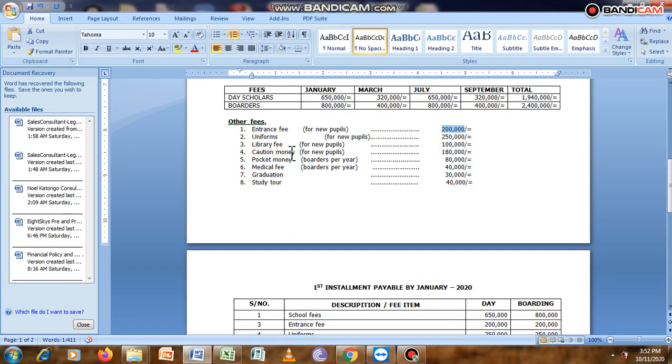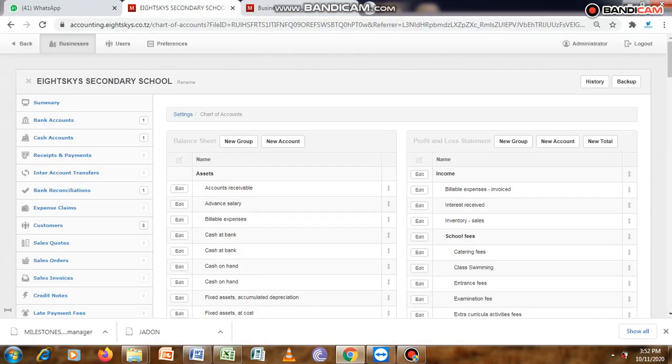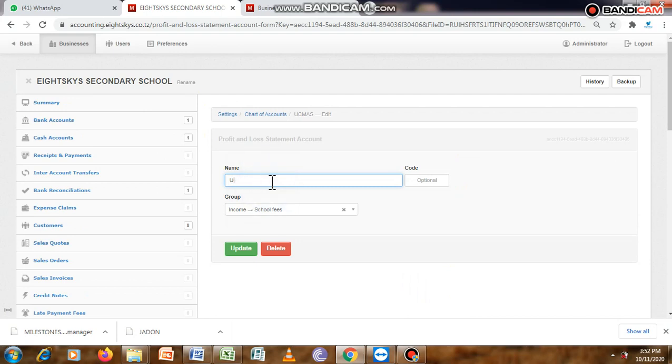And then according to our fee structure, we have medical fees, graduation, and the study tour. These are the income accounts. When I go to our chart of accounts, graduation is here, and then we have medical. I'm not seeing any medical, so I'm going to edit one of them and write medical fees, and then update that.